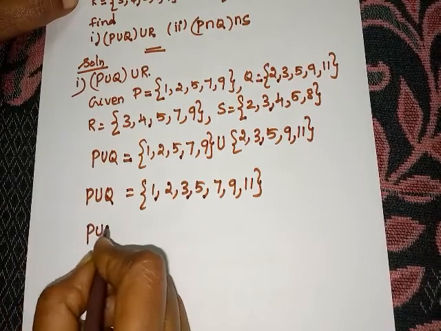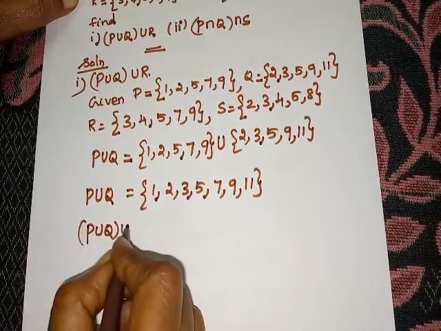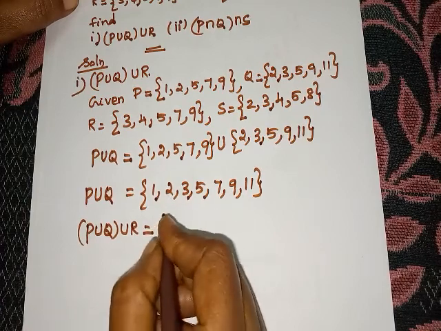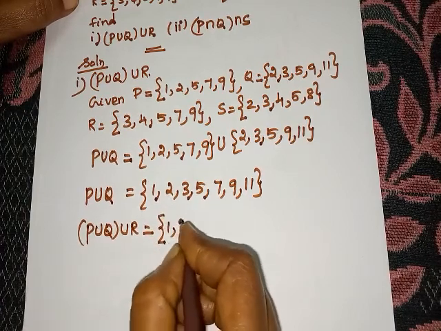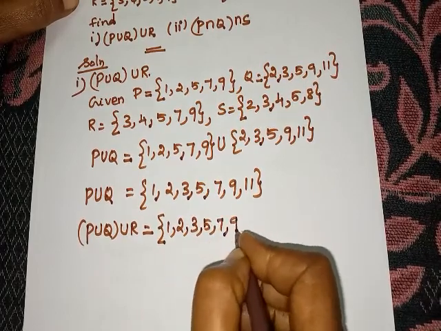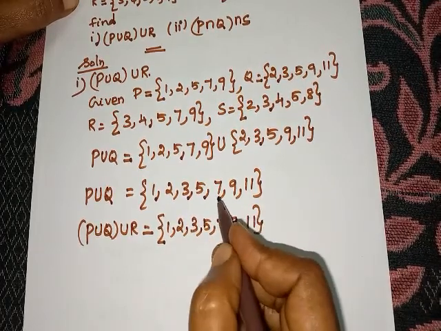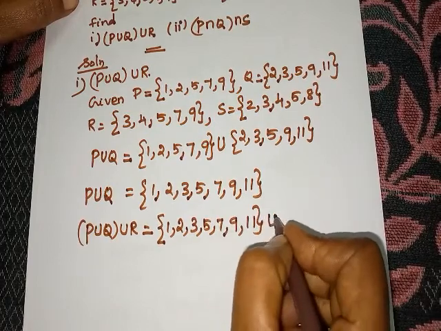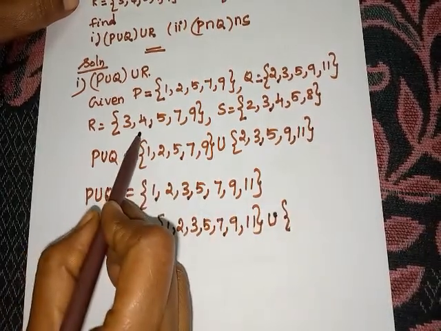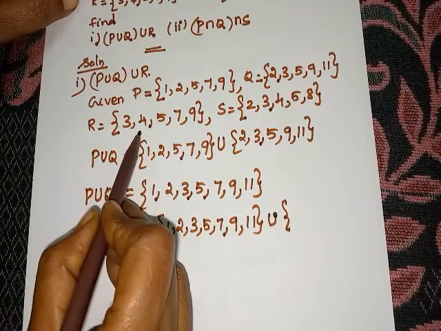P union Q, bracket, union R is equal to this value P union Q, that is {1, 2, 3, 5, 7, 9, 11}, union the R set. What is the R set? {3, 4, 5, 7, 9}.